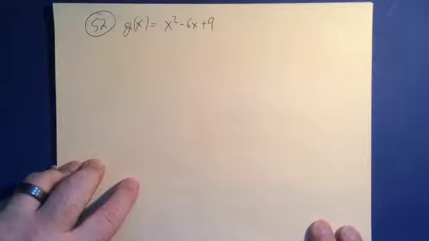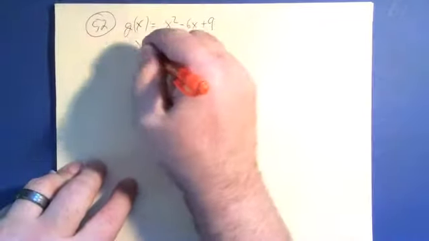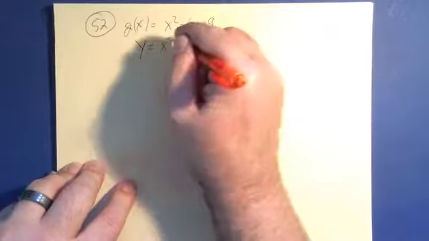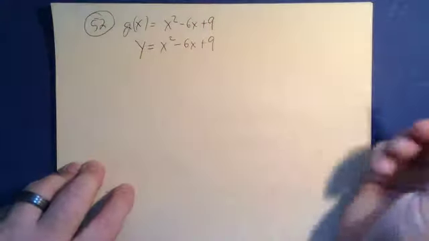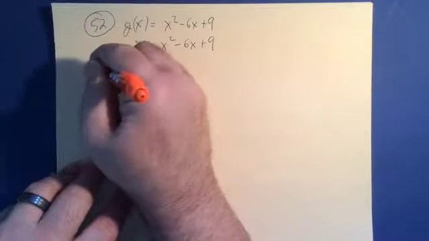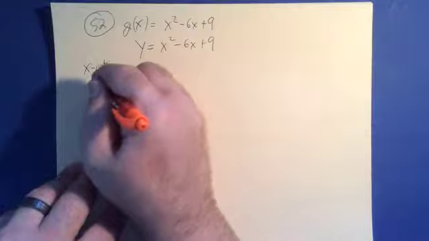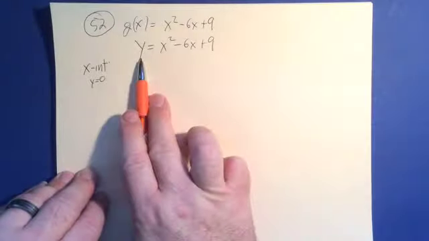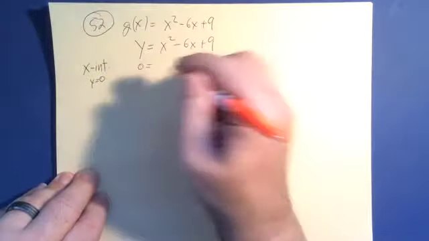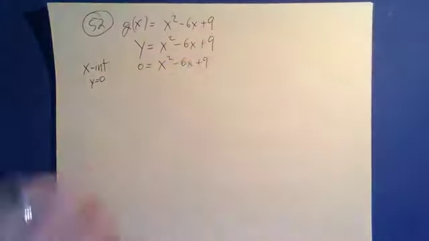So if it helps, because we're looking at x-intercept and y-intercept, let's go ahead and write this as y equals x squared minus 6x plus 9. Let's go ahead and find the x-intercepts first. And remember, at the x-intercept, y is equal to 0. So since y is equal to 0 for that, I'm going to put 0 for y here. So I have 0 equals x squared minus 6x plus 9.